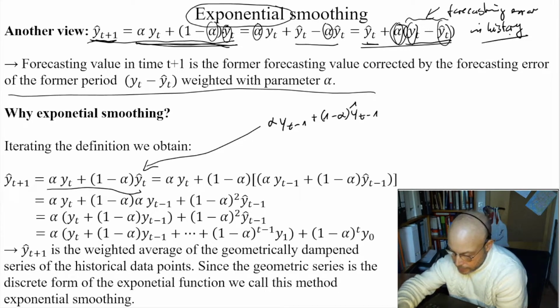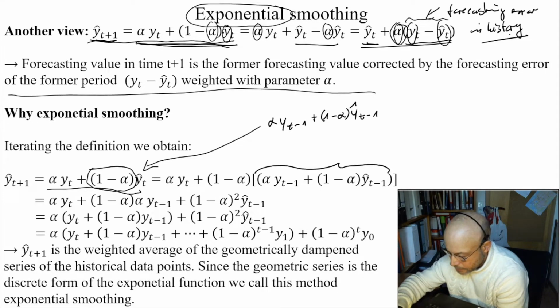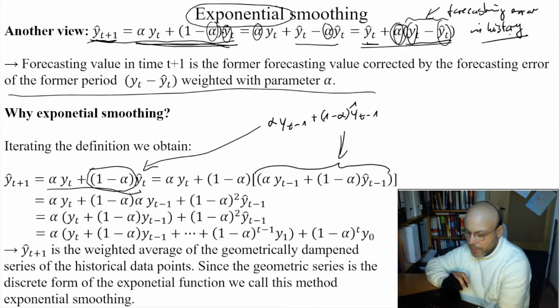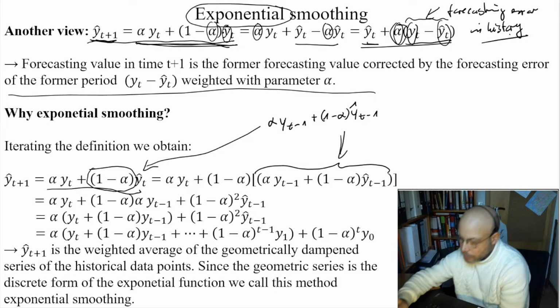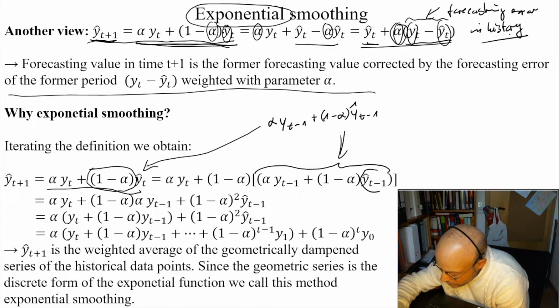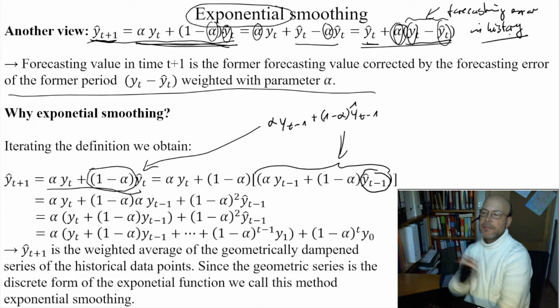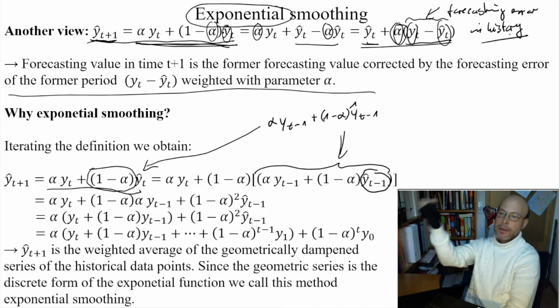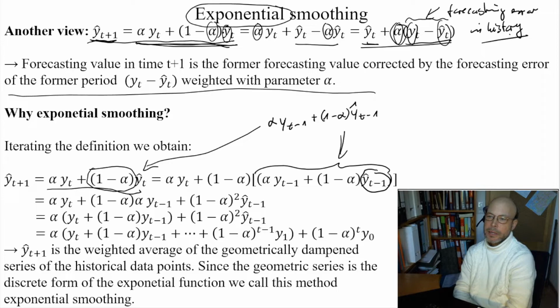And then here we have our factor 1 minus alpha. We end up with this part. And again, here we have another forecasted value for t minus 1, and again we put the next one in.